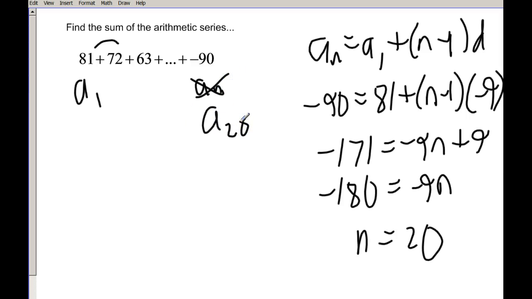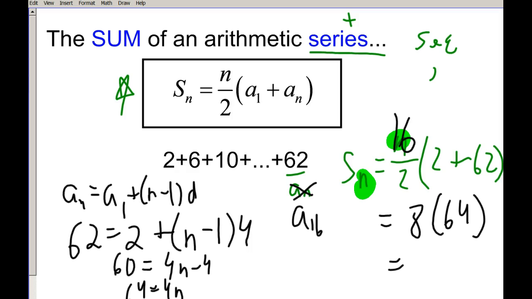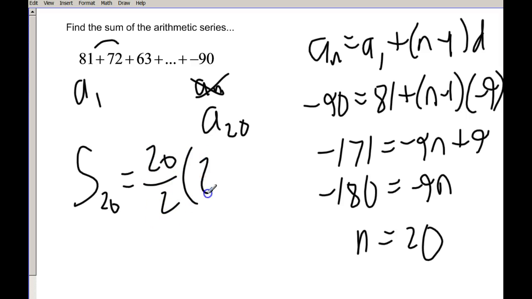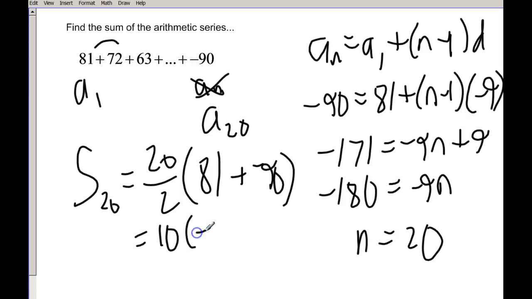And so knowing that and going back and using the S sub n formula, S sub 20 equals 20 over 2 times a sub 1, which is 81, plus a sub 20, which is negative 90. And so you're going to get 10 times negative 9, or in other words, negative 90.